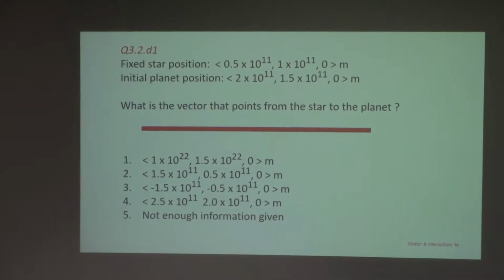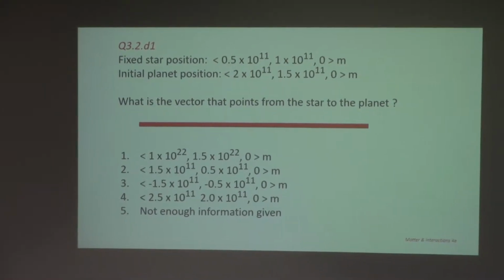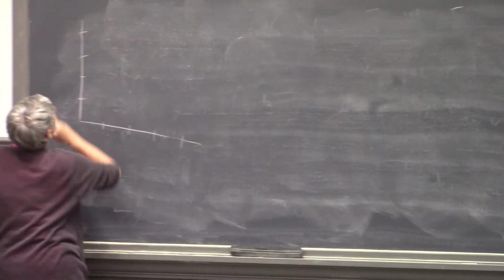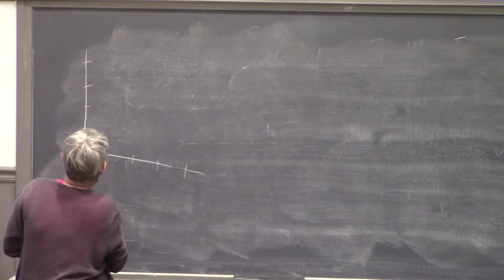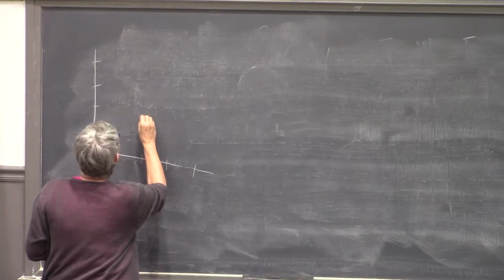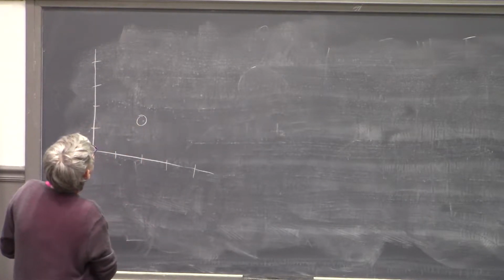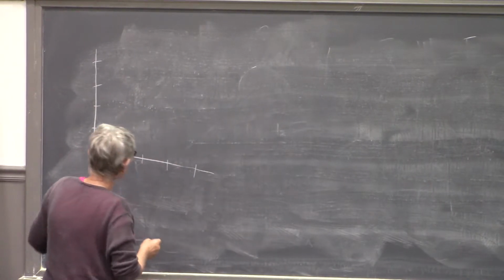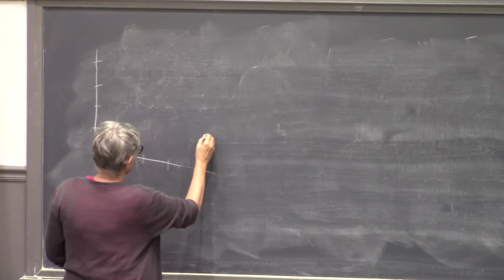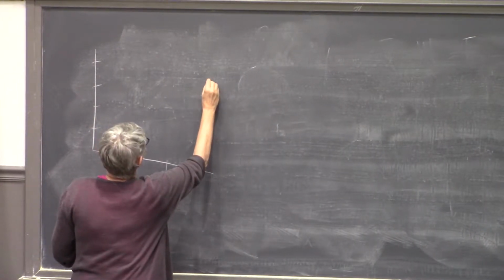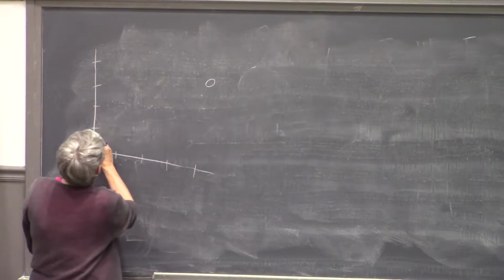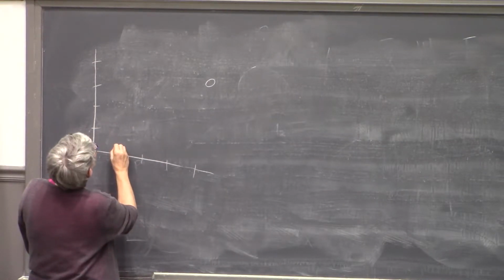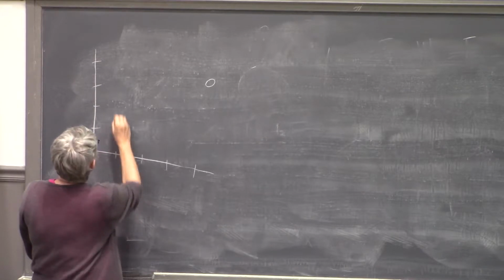They're both in the same quadrant. The planet is at 2, 1.5, and the star is at 0.5, 1.